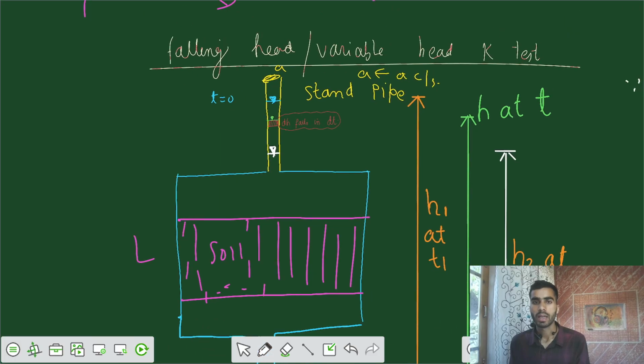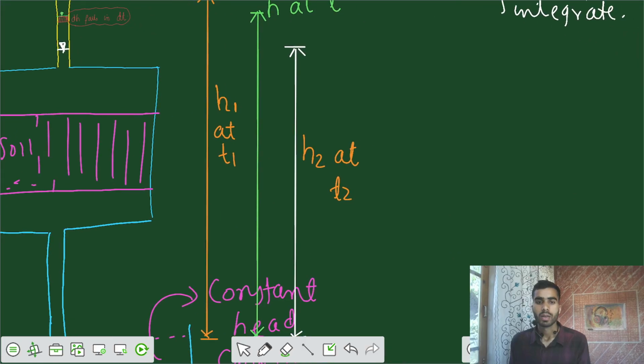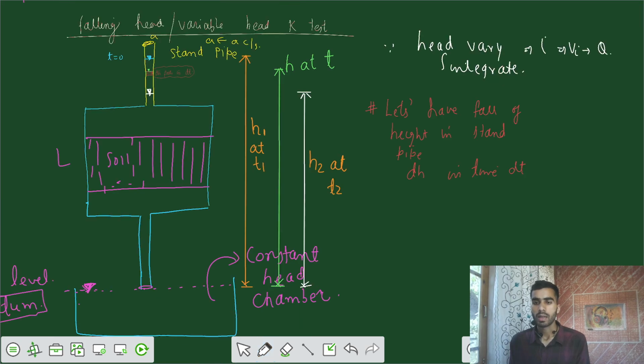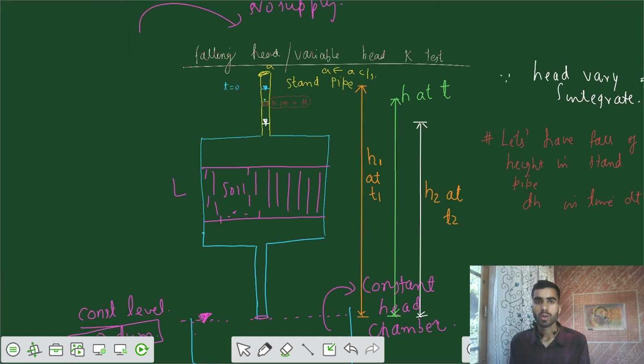Let's take the fall of height in the standpipe, dh in time dt, and write the equation. What is the volume that has fallen?